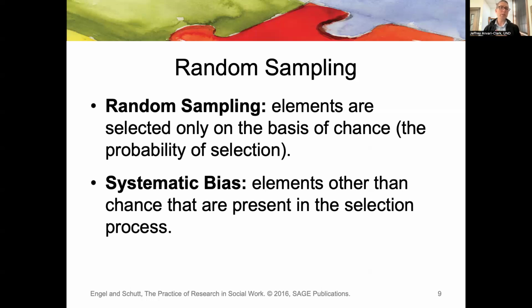One of the issues here is systematic bias. There could be additional elements that influence the chance in the selection process. Maybe we've got this question of why people do not enroll in a program.